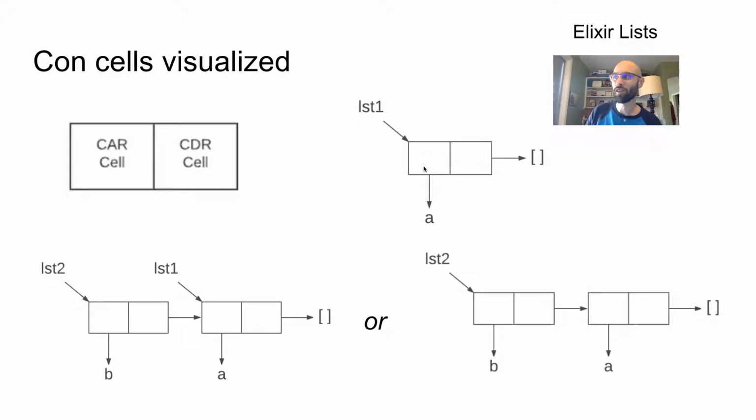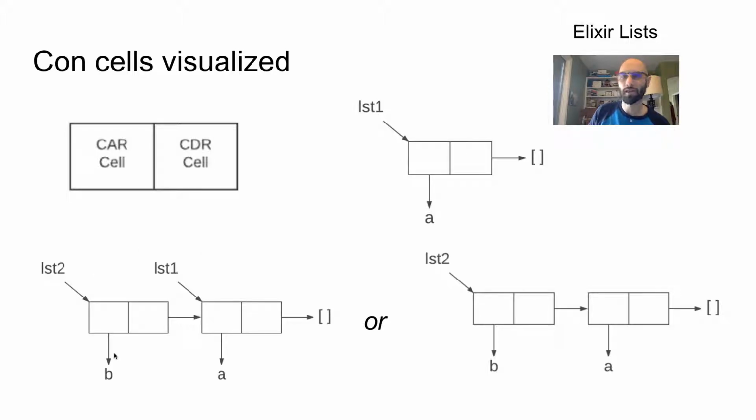This is the car cell, and it's pointing to a value, which is A in this case. And then the cdr cell is pointing to an empty list. So this is a single node. If you looked it up in IEx, you would find a list that just had one item in it, and it would be A.